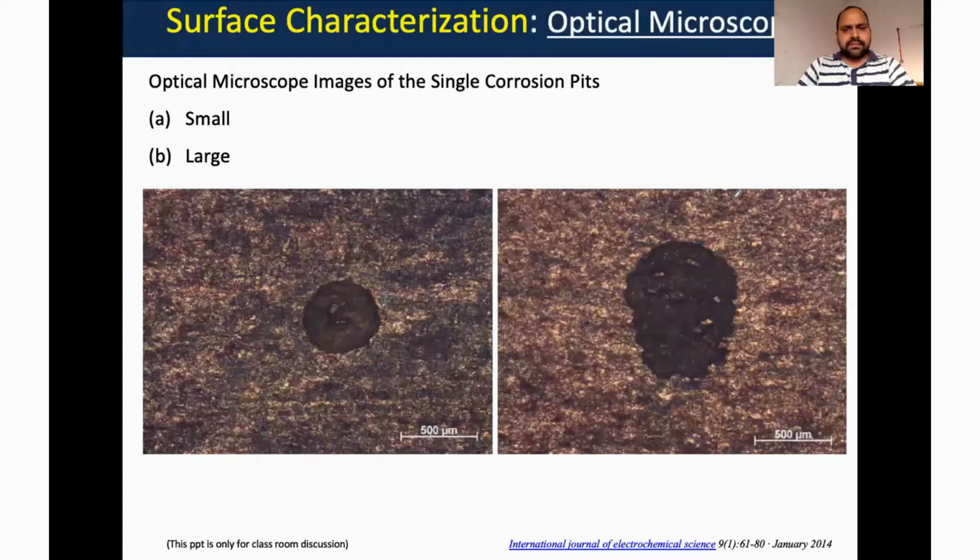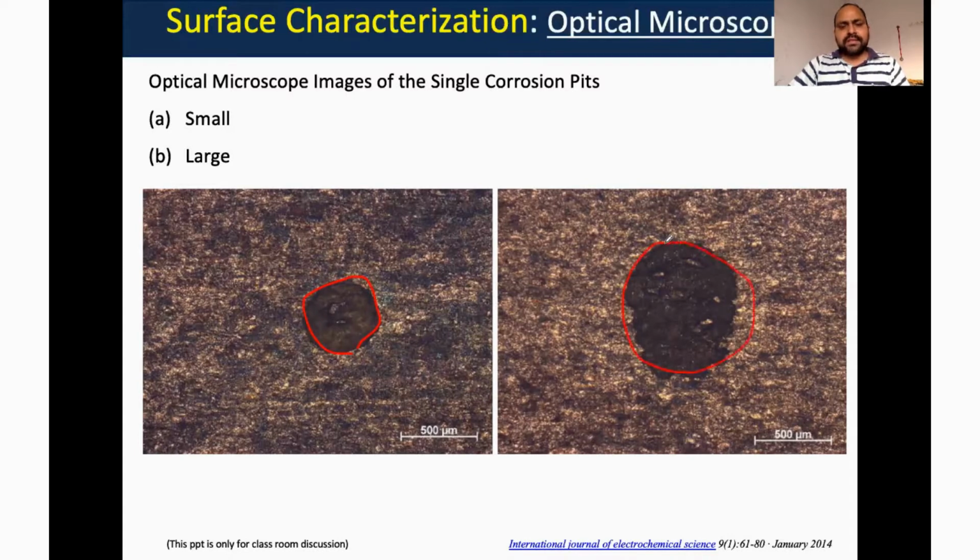Here we can see one example of surface analysis using an optical microscope, where the corrosion forms pits. You can see one pit formation here in picture 1, and on the right side picture you can see another pit formation.